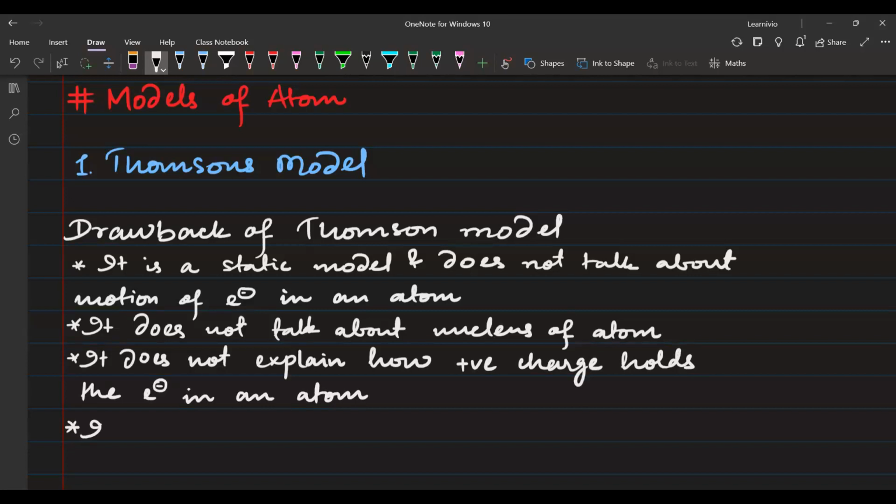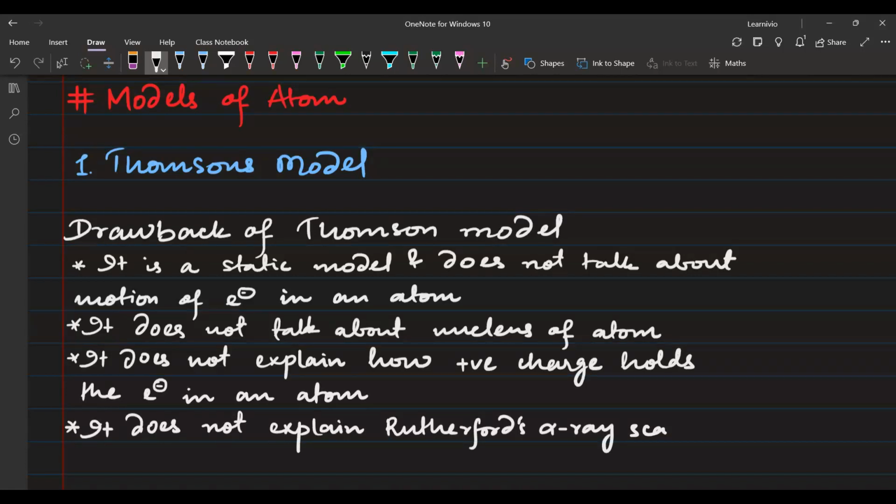Lastly, it does not explain Rutherford's alpha ray scattering experiment. ठीक है, चार काफी लिखा गया.